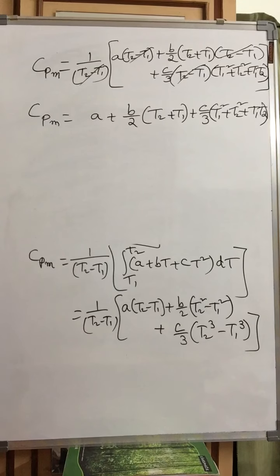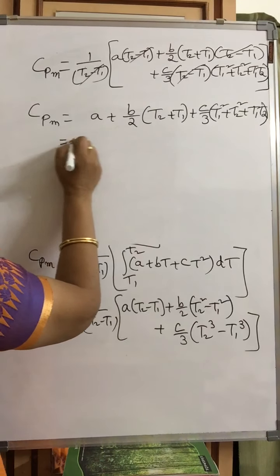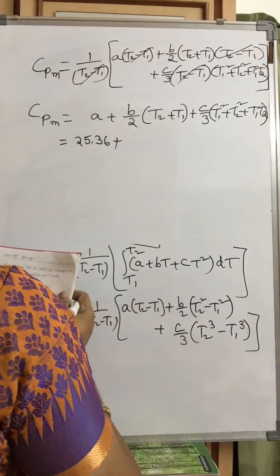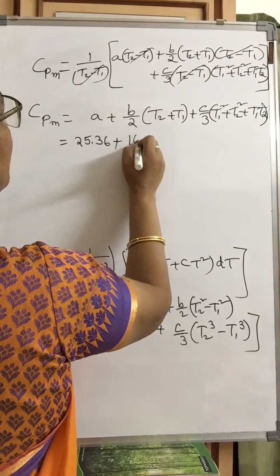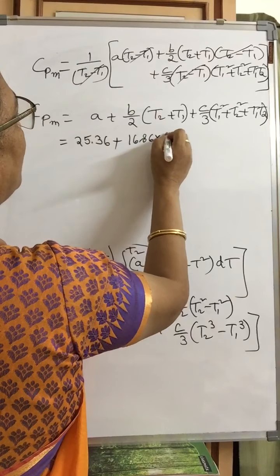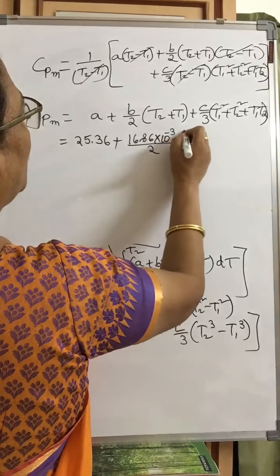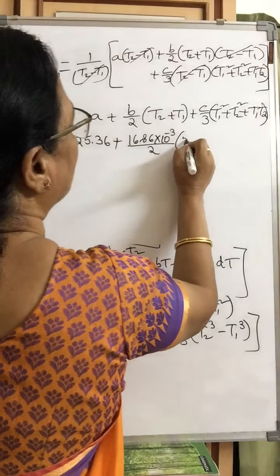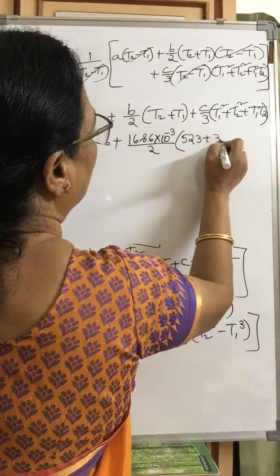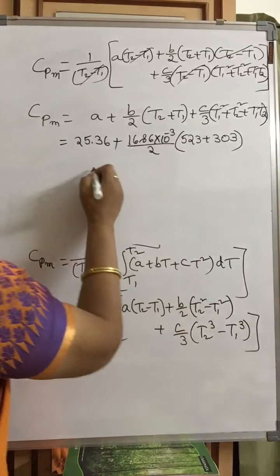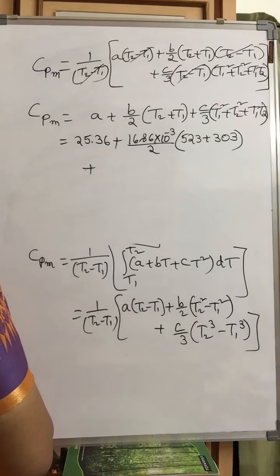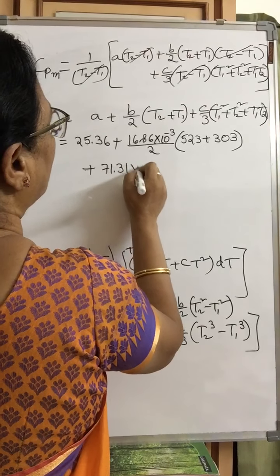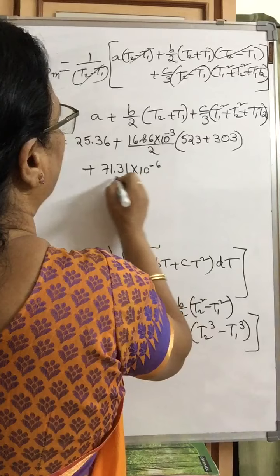A is 25.36 plus B by 2, B is 16.86 into 10 to the power of minus 3 by 2, into T2 plus T1, 523 plus 303. Then C value is 71.31 into 10 to the power of minus 6.